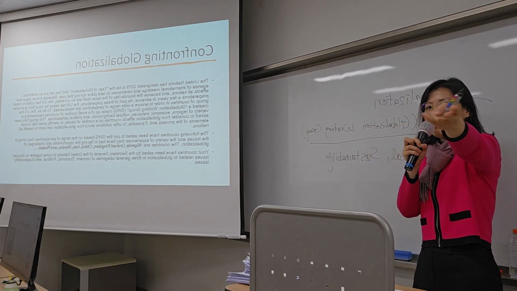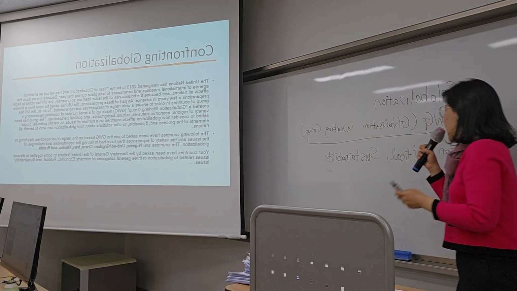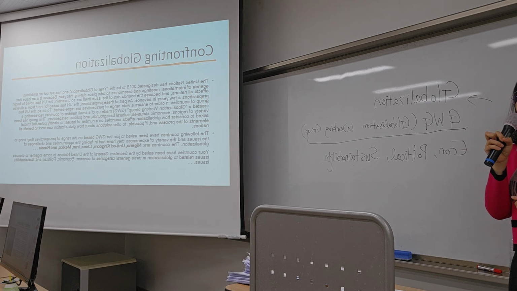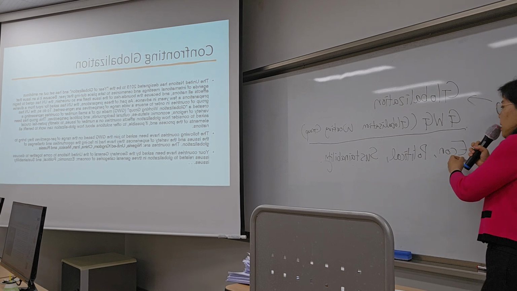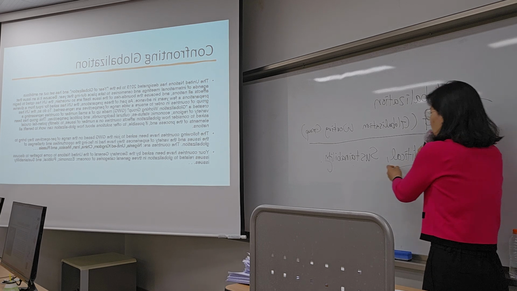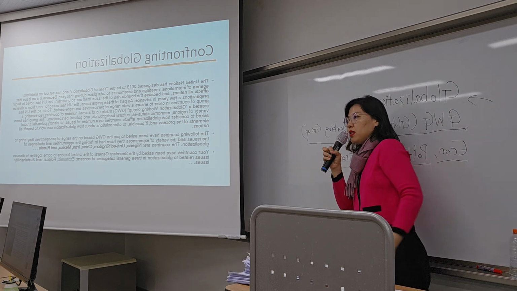So these two are representing Germany and Russia. You're choosing one more specific topic related to globalization within your group. It can be economy, politics, or sustainability issues.